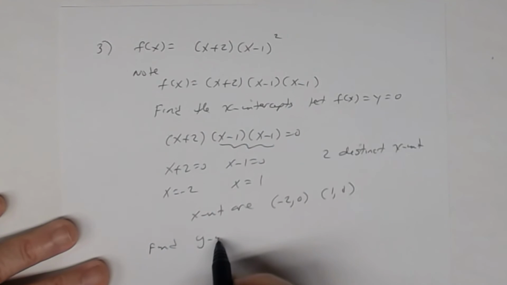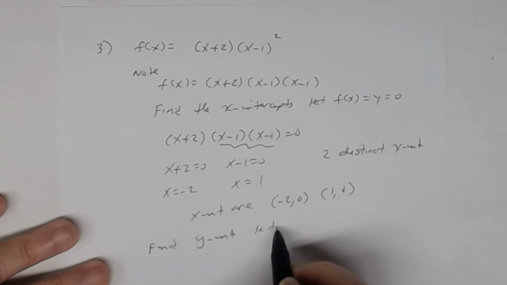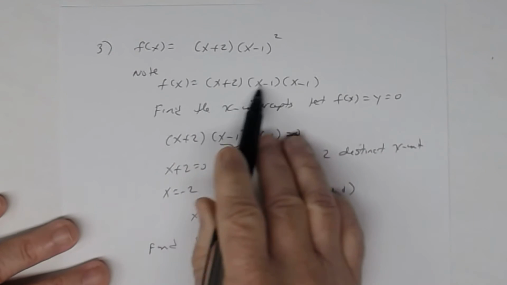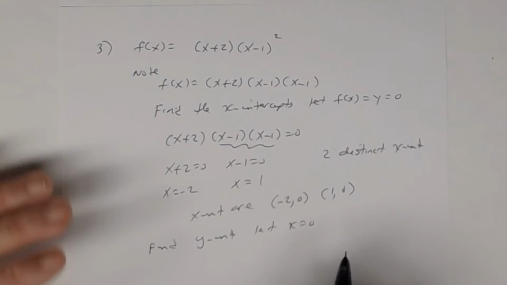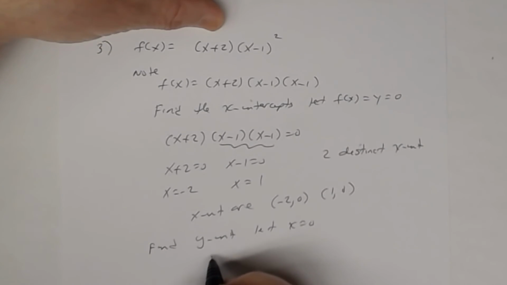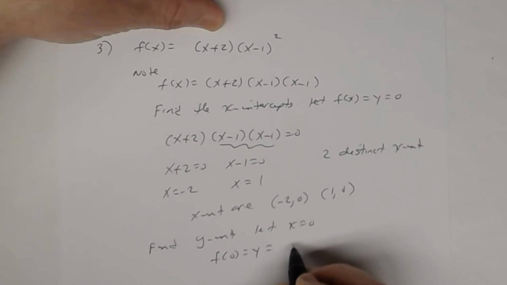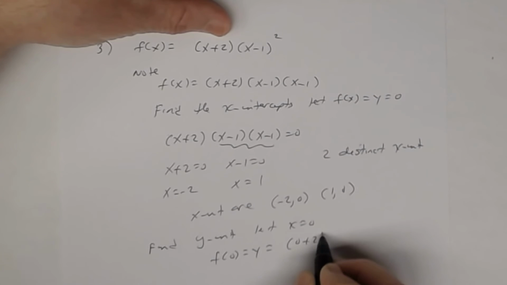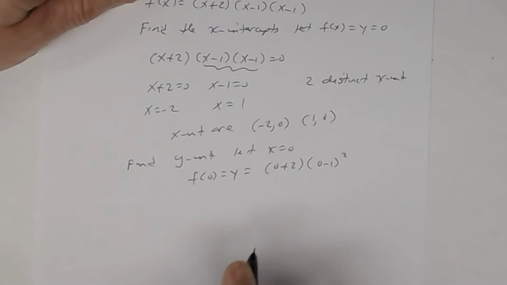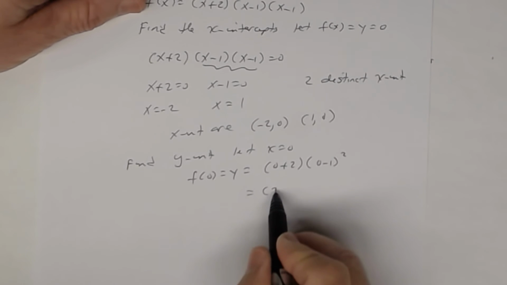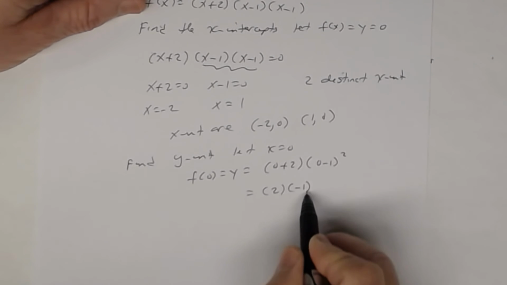Find the y-intercept. You're going to let x equal 0. And it doesn't matter whether you go here or here. I'm going to go to the original. So when I let x equal 0, I get f(0), which is y, is going to be (0 + 2)(0 - 1) squared. Then 0 + 2 is 2. 0 - 1 is a negative 1, but I'm squaring that, so don't forget to square it.